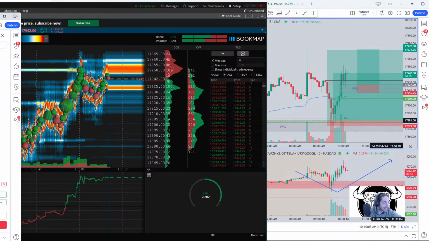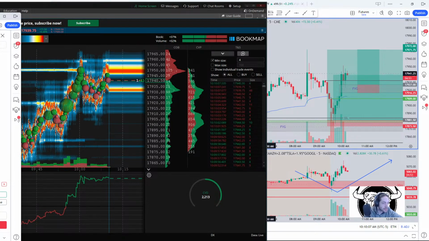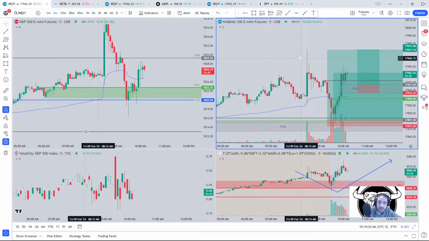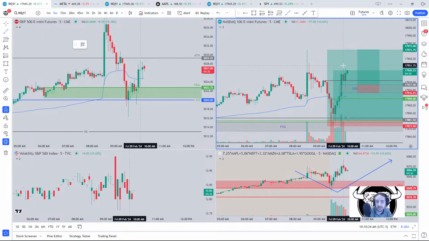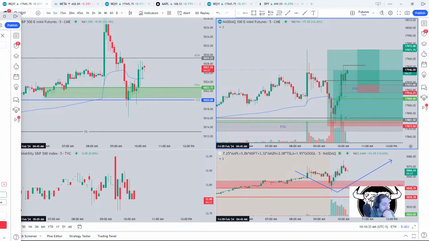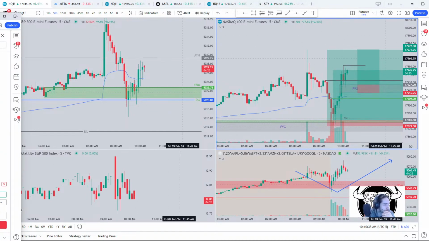Let's go, Bulls. Let's get that continuation. Might chop around a little bit. Again, some sell orders sitting right there. Really want to see us at least take out this high, 17,951. That would be nice. I might trim a contract there, depending how strong we push. I think we fly right through it, to be honest. And then the 15 is going to close somewhere up here, and we're just going to keep trending.